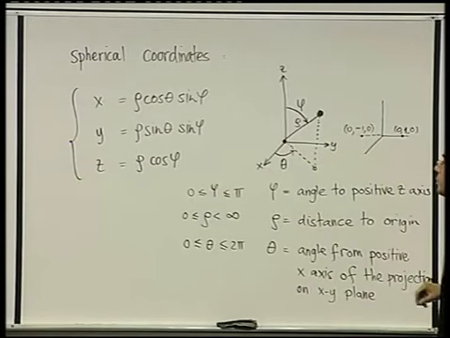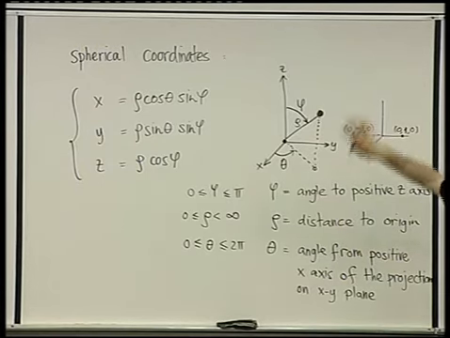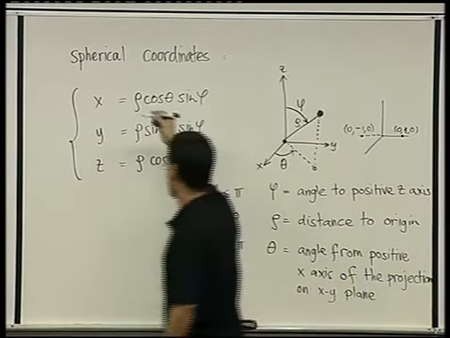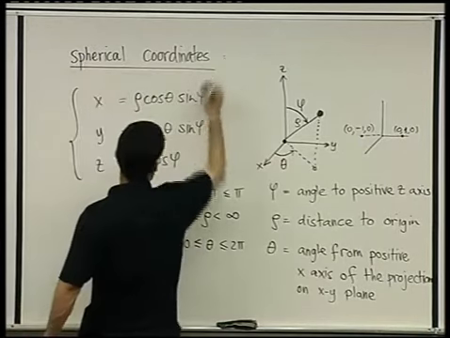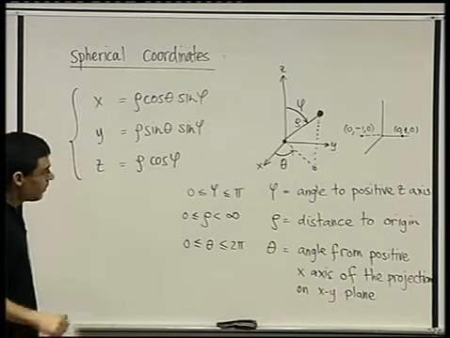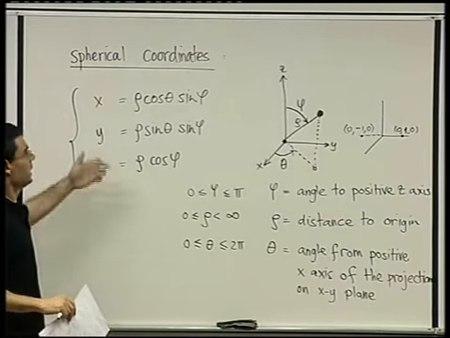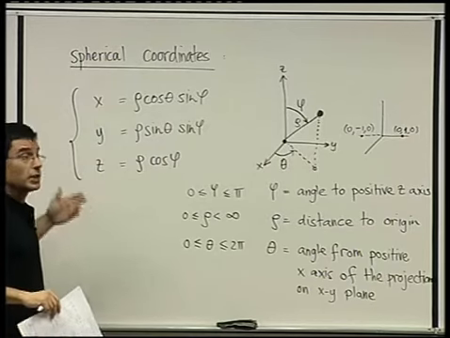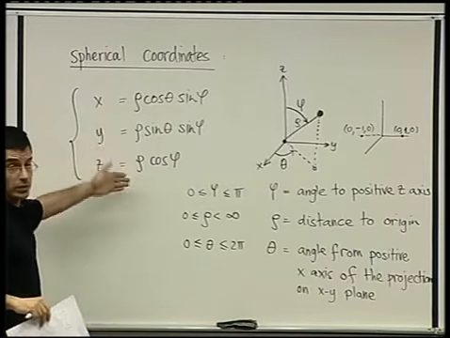It's standard trig ideas. So back to our problem. These are spherical coordinates. They're a bit more subtle than the cylindrical coordinates because there are two angles here.